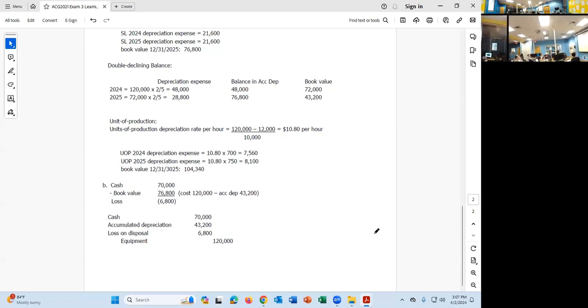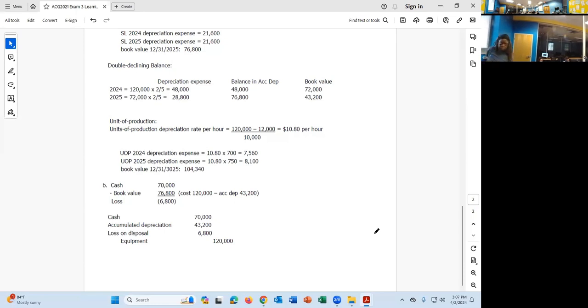So just to make sure this is straight, in order to get the balance of 40,000, you get the book value from the first depreciation of 48,000.